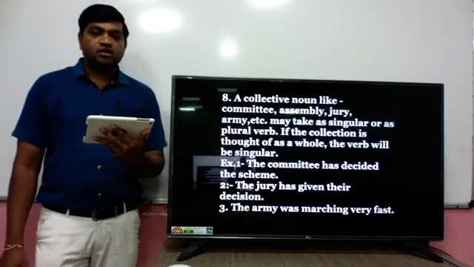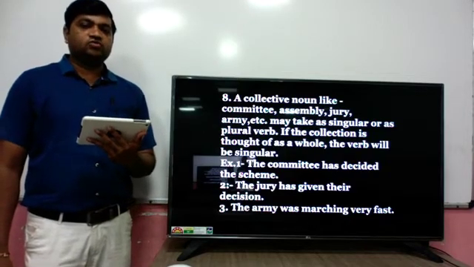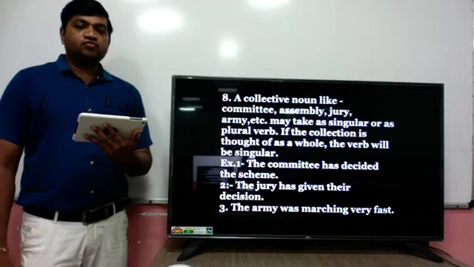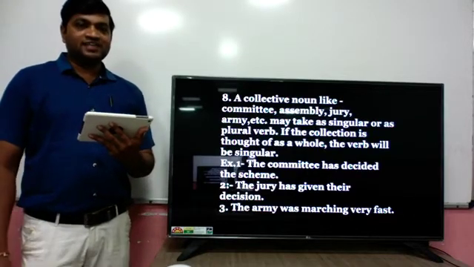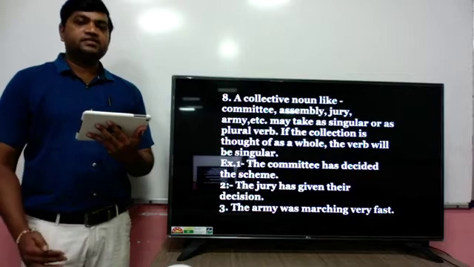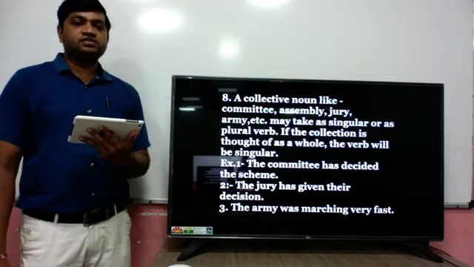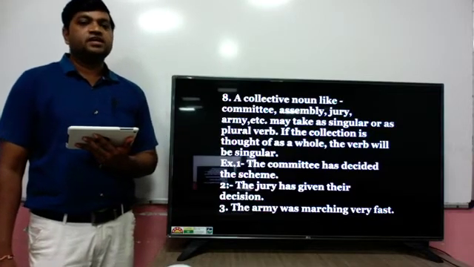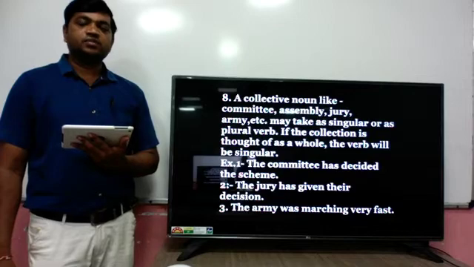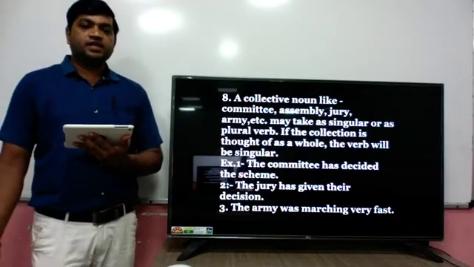Although in that collection many people, many things are there, they denote only one unit, one collection or one group. That's why they are considered a singular noun, and the verb will definitely be singular.